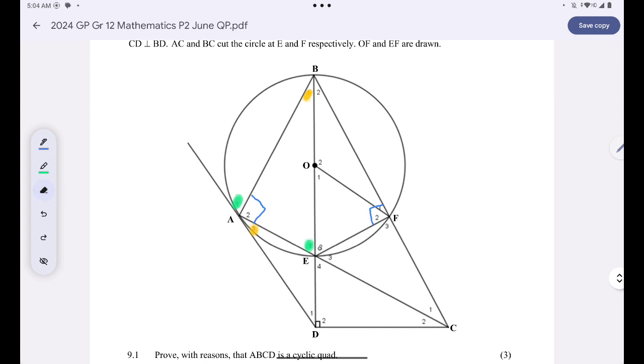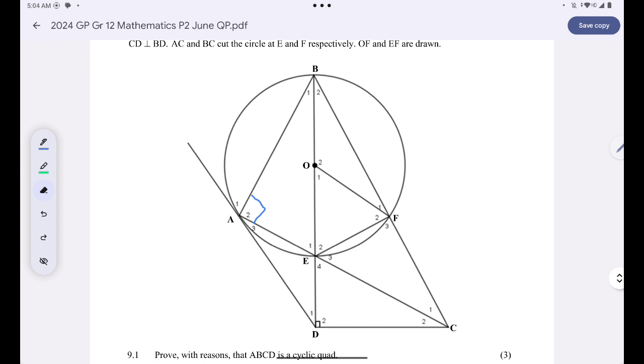In this case, let me erase things I don't need. If I can show that angle A2 is equal to angle D2, I can therefore conclude that this thing is a cyclic quad.